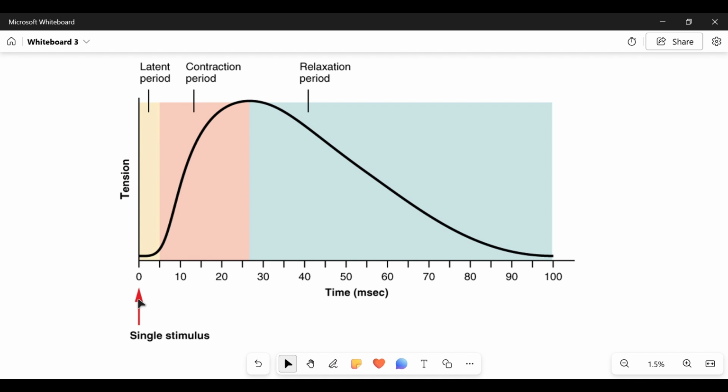So what happens during the latent period? In fact, all the events in excitation-contraction coupling up until the period before contraction occurs is the latent period. What is this for? You recall that when a muscle cell is stimulated, first of all, there would be the excitation-contraction coupling, which in greater detail means that the wave of action potential moves down into the T-tubule, and then it will cause opening of two specific receptors or channels.